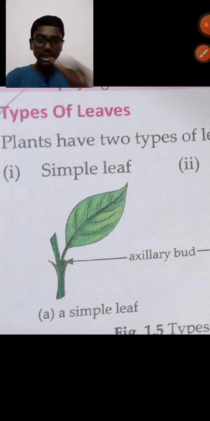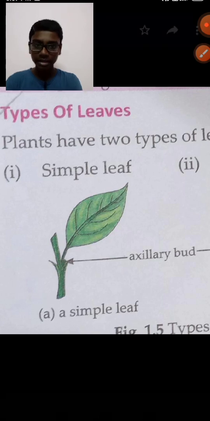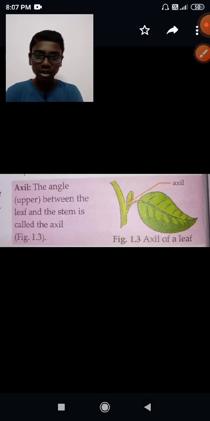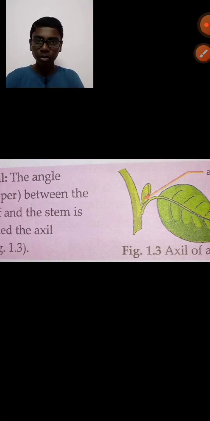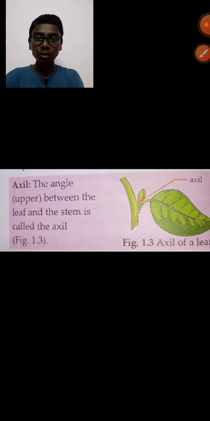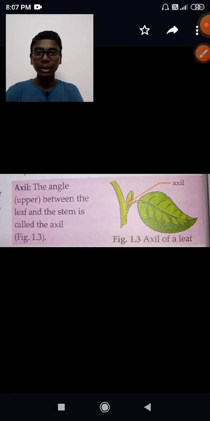Now what is the axil? Before proceeding with the compound leaf and more about the simple leaf, let me tell you what the axil is. As I told at the start of the video, I will be telling you about the axillary bud. It is not our main objective, but to know these things we have to know what the axillary bud is.